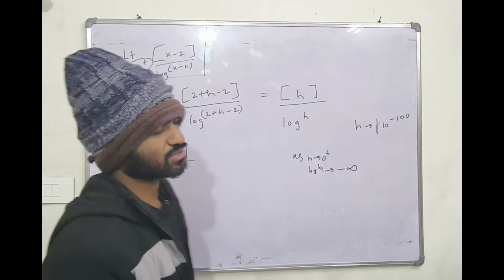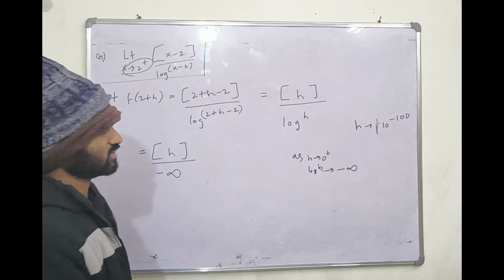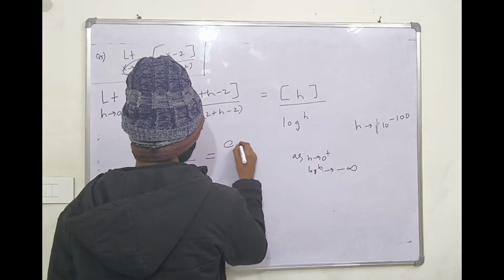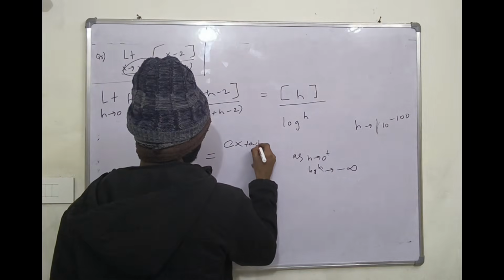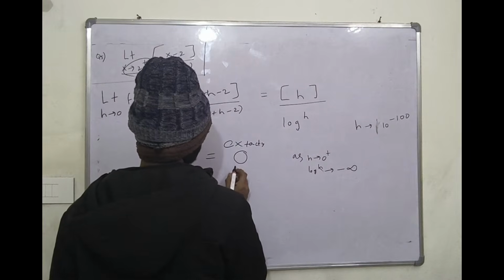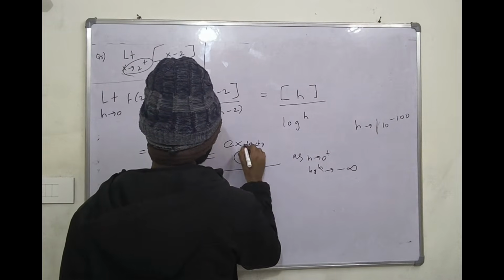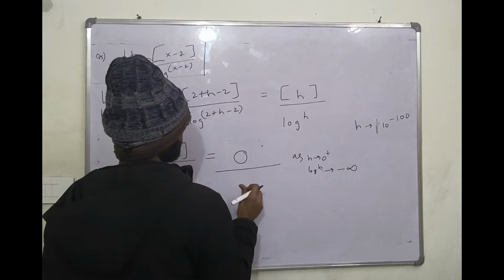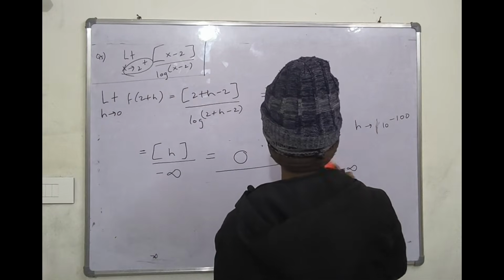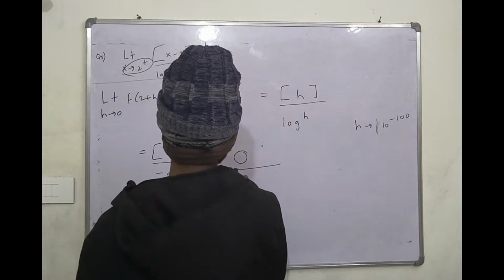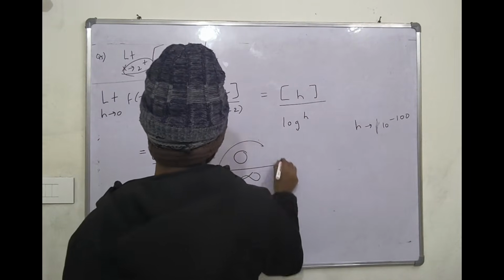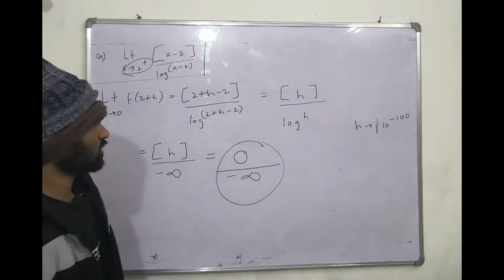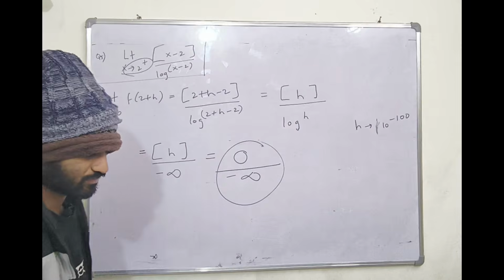Exactly 0, not tending to 0, because it is an integer. Very important: exactly 0. So it is exactly 0 by minus infinity.